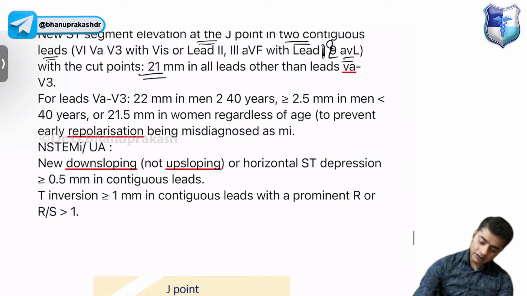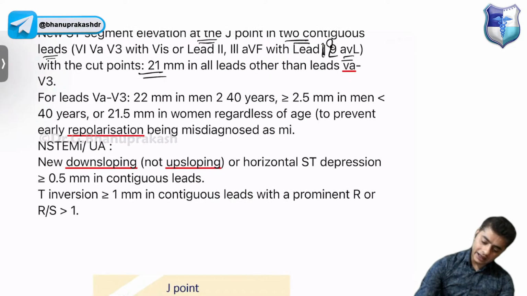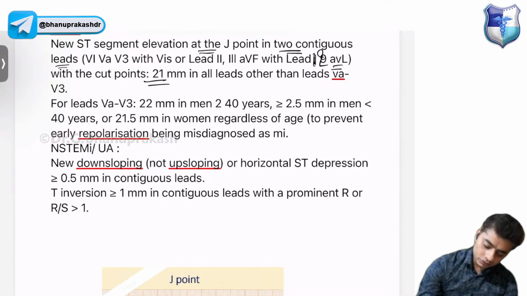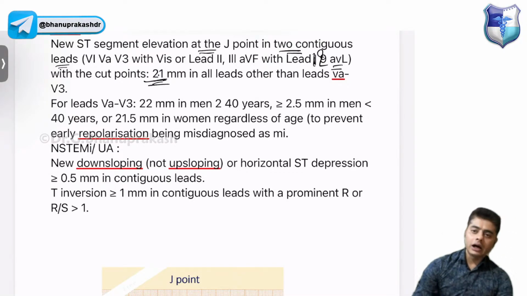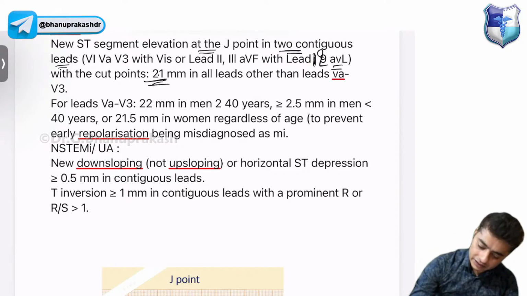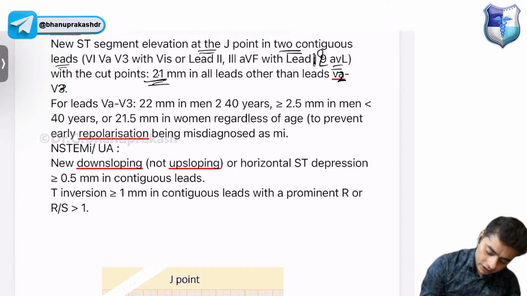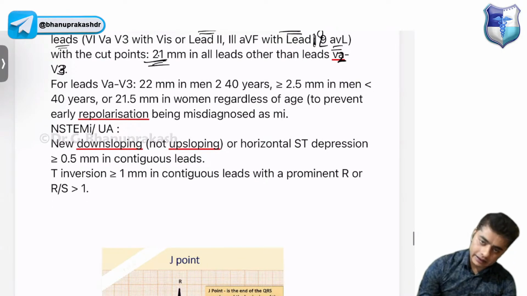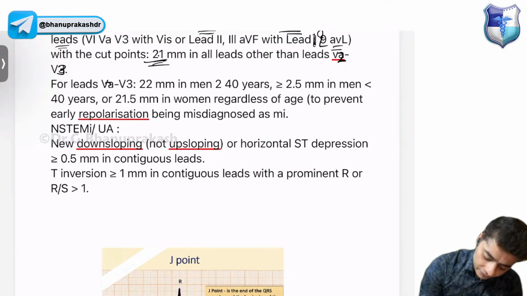And that elevation should be of around 1 mm in all leads other than V2 and V3. For V2 and V3, there is another criteria. What criteria is for V2 and V3?